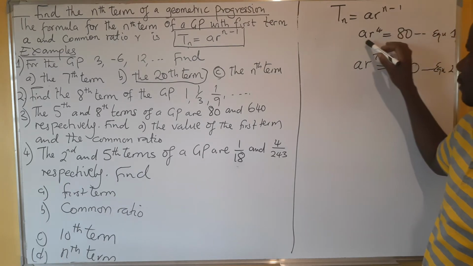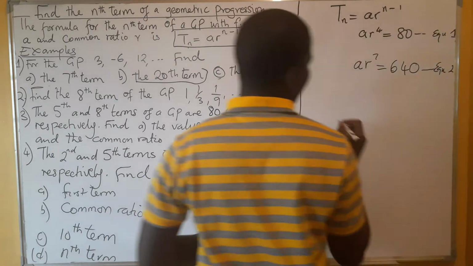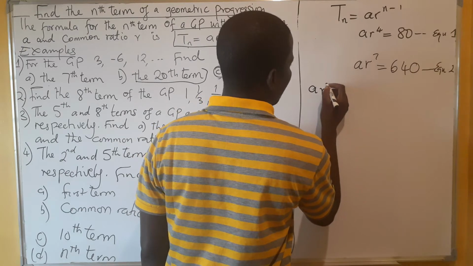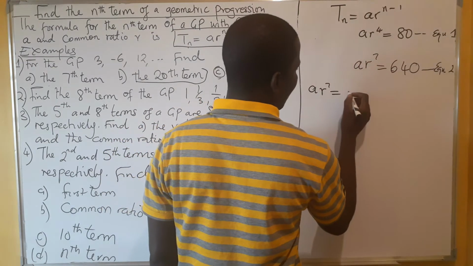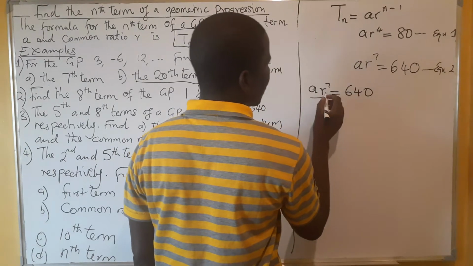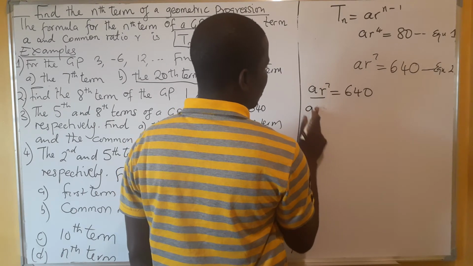Remember, our interest, we want to find the values of A and R. So the second equation should be divided by the first equation.